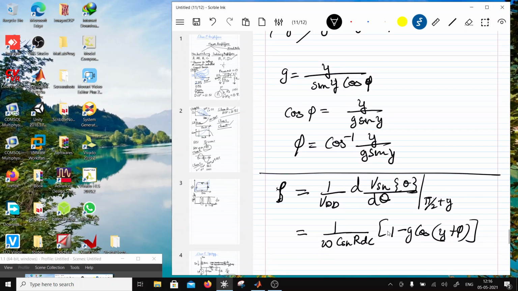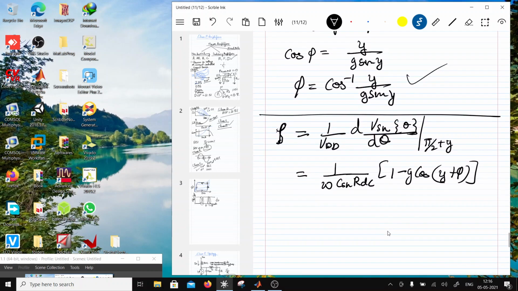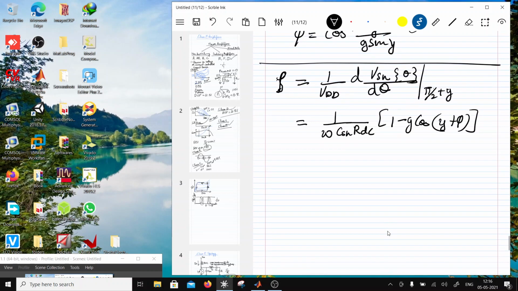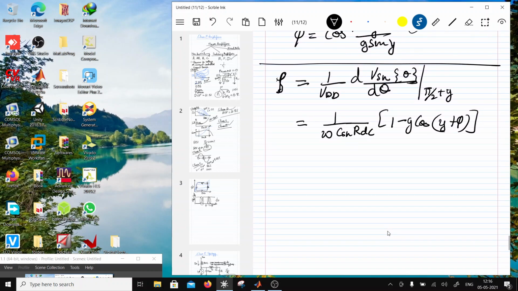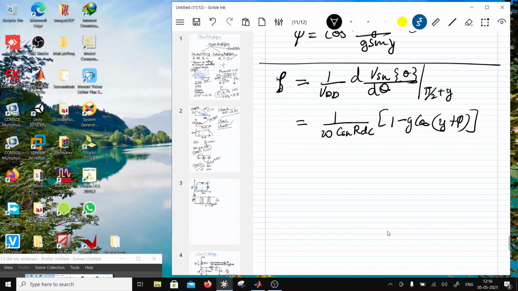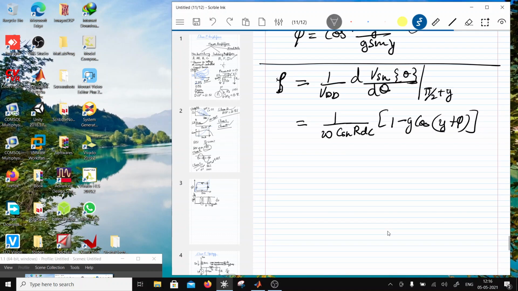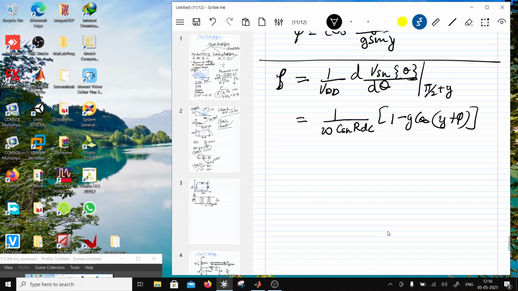So this was voltage 0. Okay, so finally I can have phi and psi in terms of slope also, right?